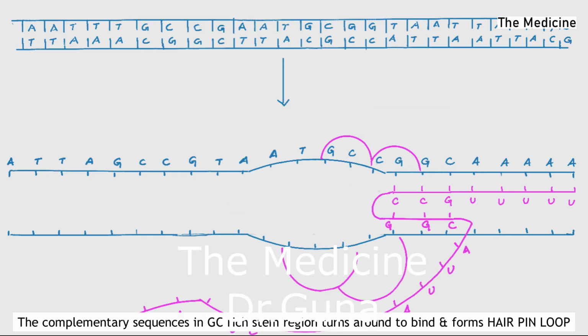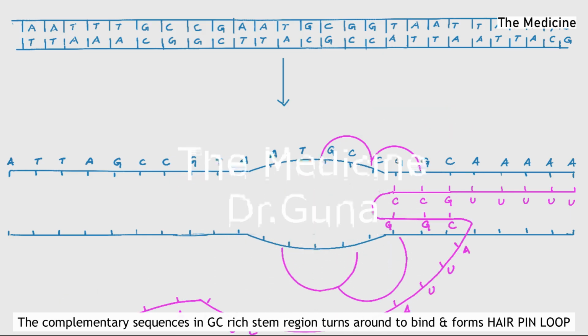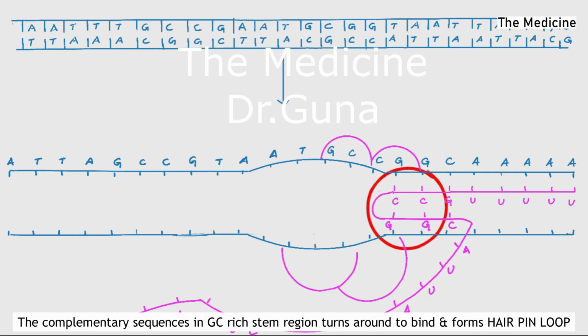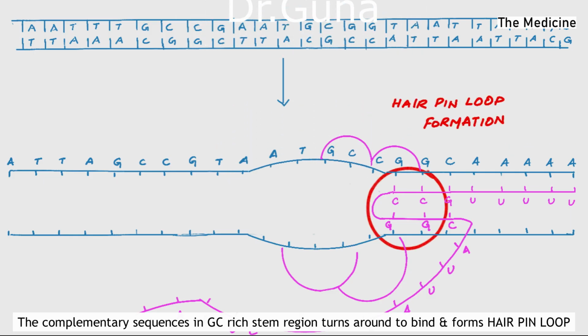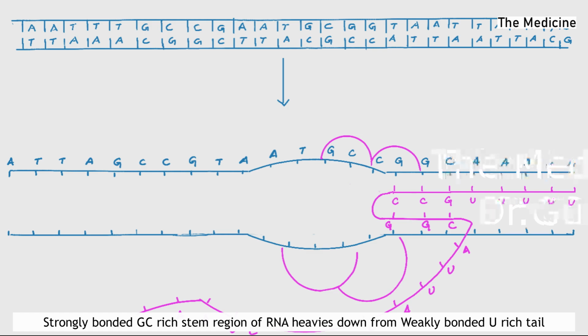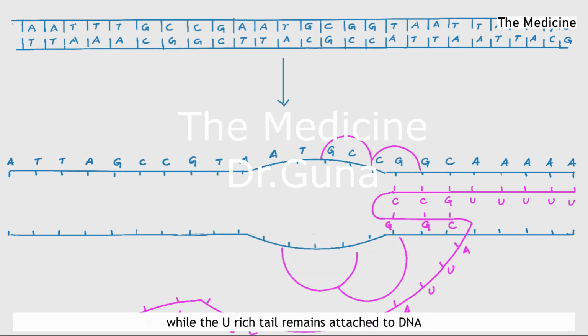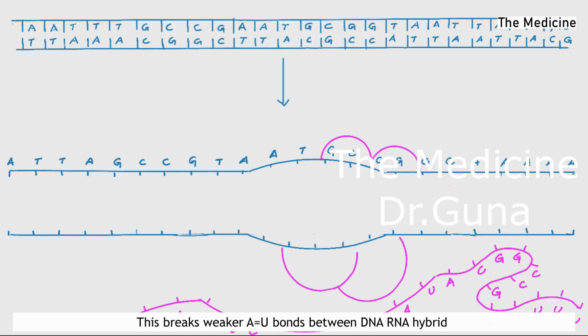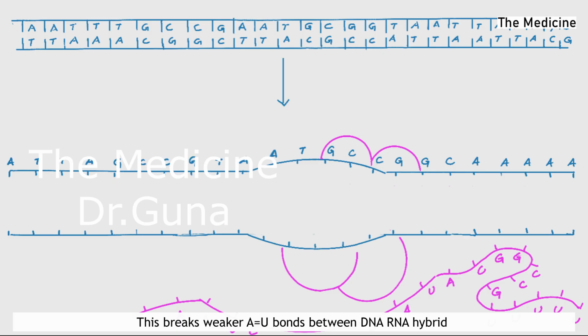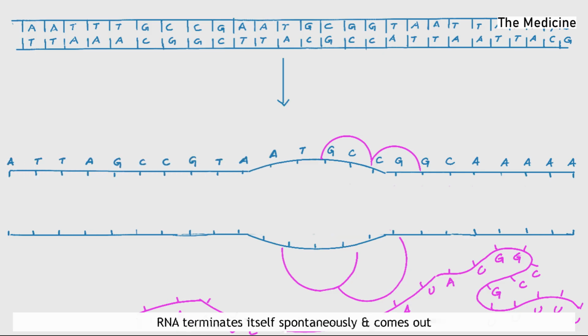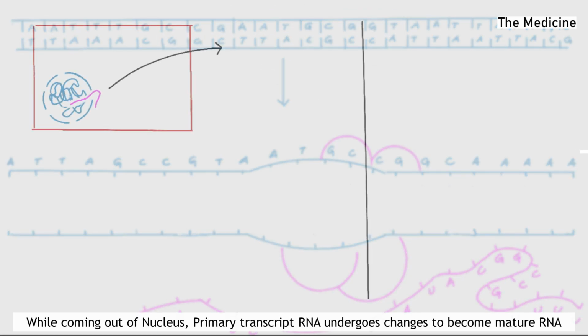The complementary sequences in GC rich stem turn around to bind and form hairpin loop structure. Strongly bonded GC rich stem region of RNA heaves away from weakly bonded U rich tail, while the U rich tail remains attached lightly to the DNA. This breaks weaker A-U bonds between DNA-RNA hybrid. RNA terminates itself spontaneously and comes out.